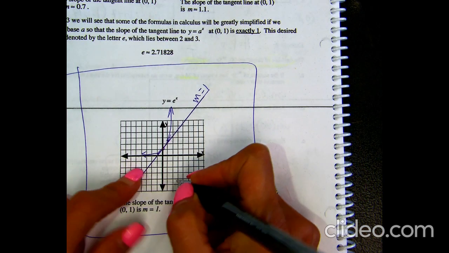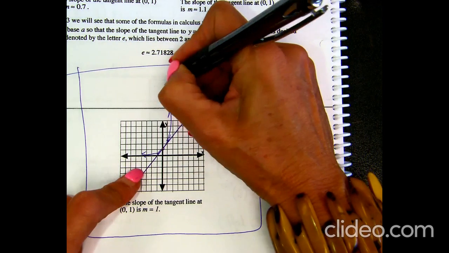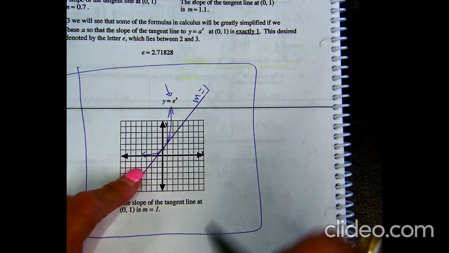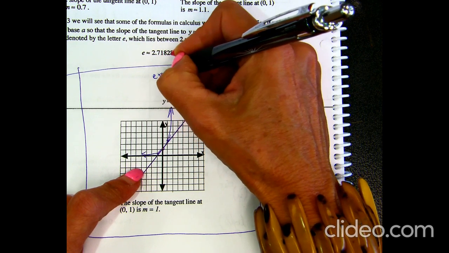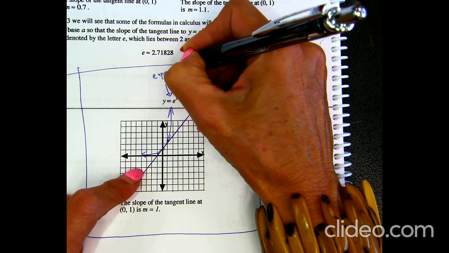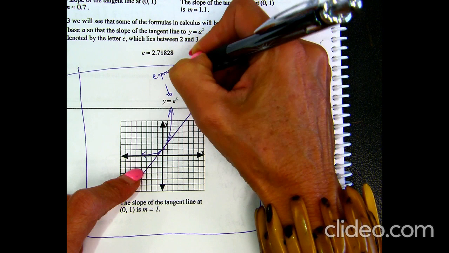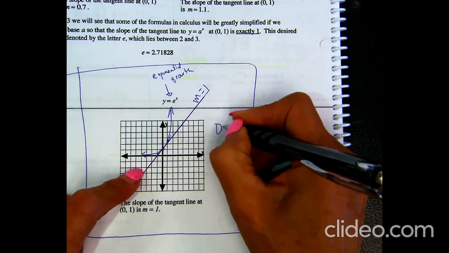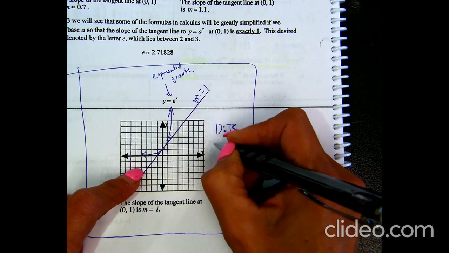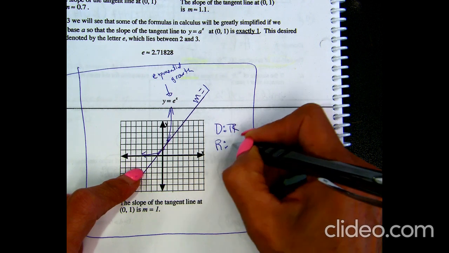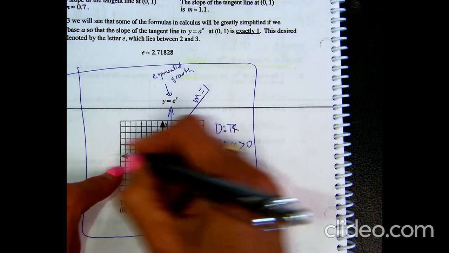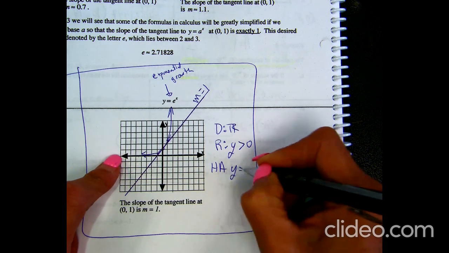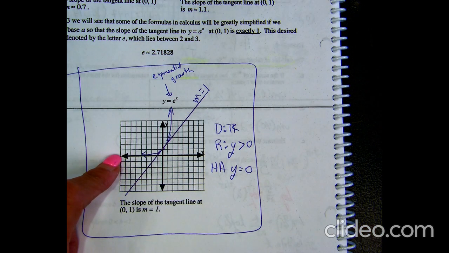So it's exponential growth because the base is e, a number bigger than 1. It has a domain of all reals. It's got a range y greater than 0. Of course, it's got a horizontal asymptote along the x-axis, aka y equals 0. We call that an increasing function.